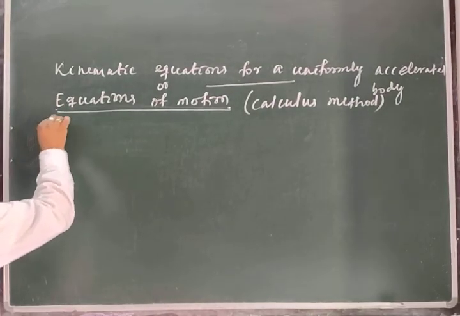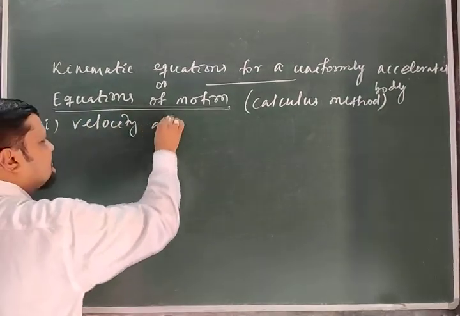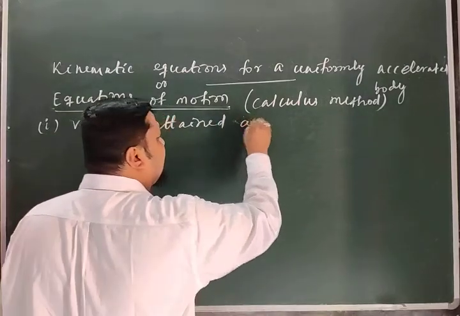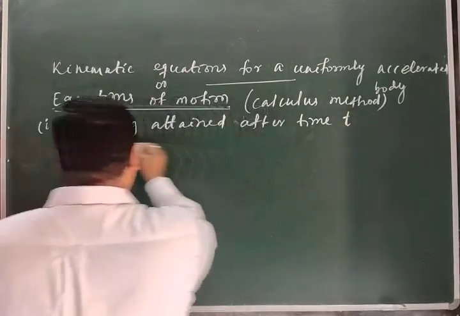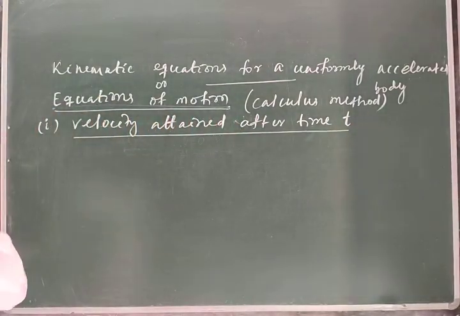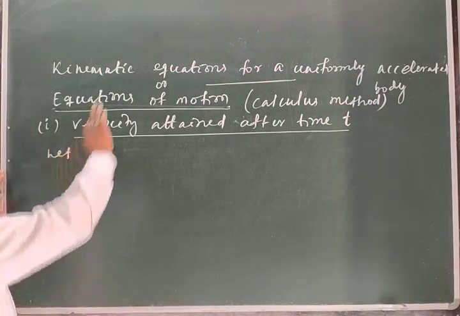The first I will derive is velocity. First equation: the velocity attained after time t. How much is the velocity attained by the body after time t? That I will derive first. Let me write what I am telling you.